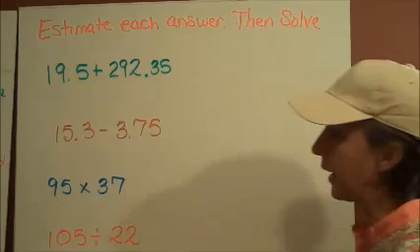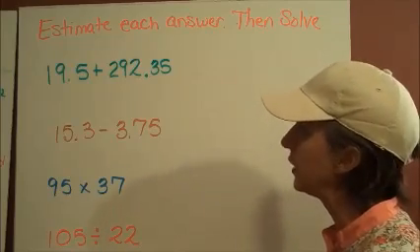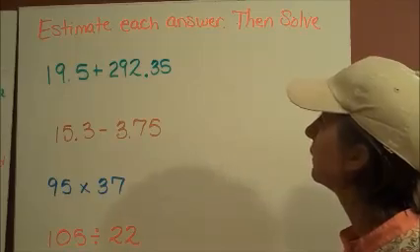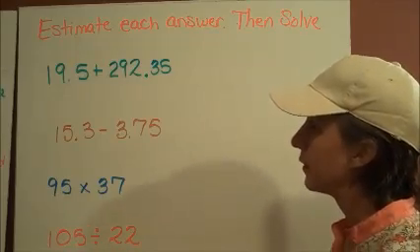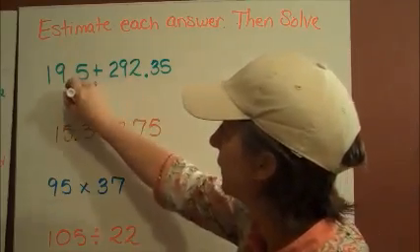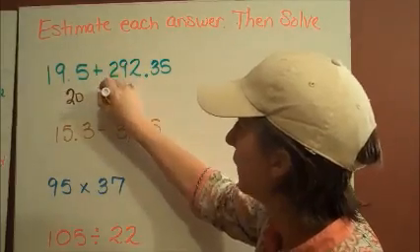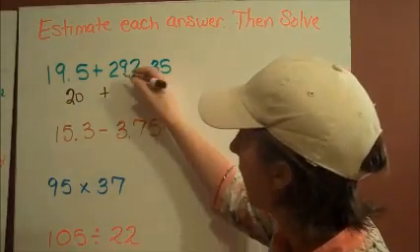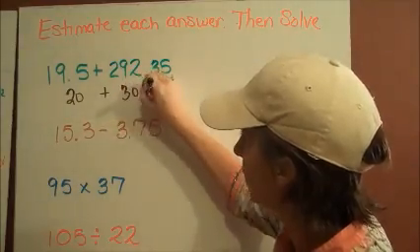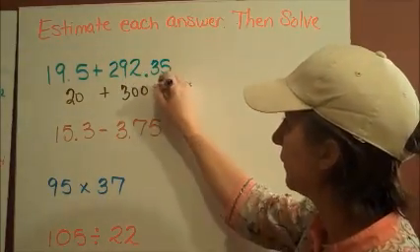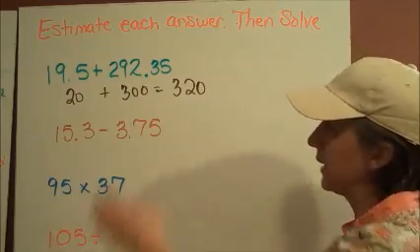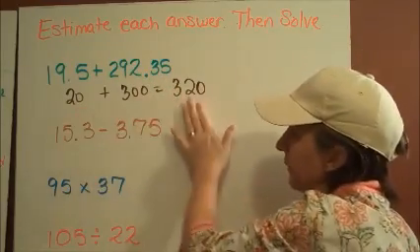So, let's practice. We'll pick a strategy and notice the directions on this. It says estimate each answer, then solve. 19 and 5/10 is 20 plus 292 and 35/100. I'm just going to round to 300. So my estimate is 320. Now the directions say estimate each answer, which is what I've done.